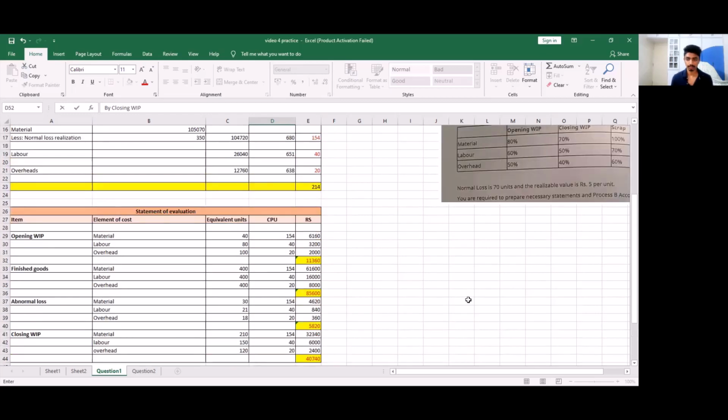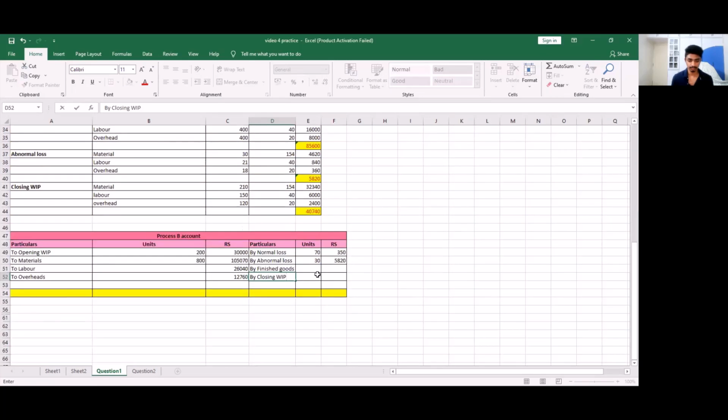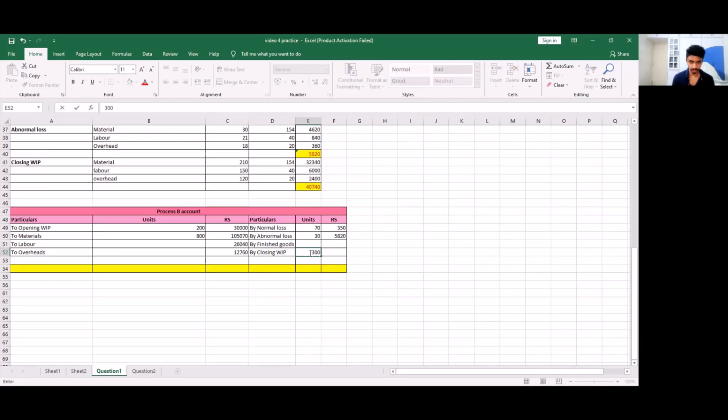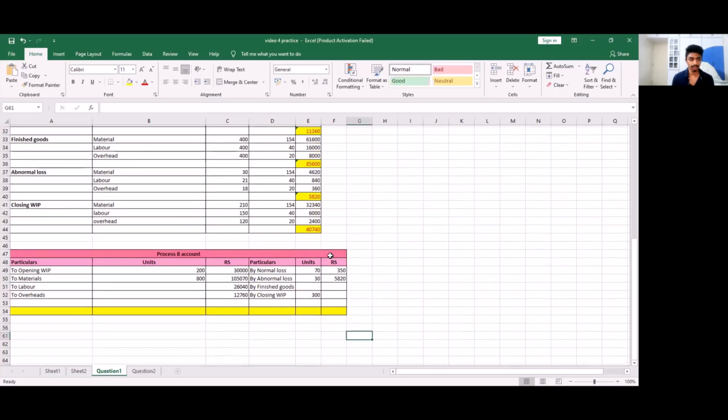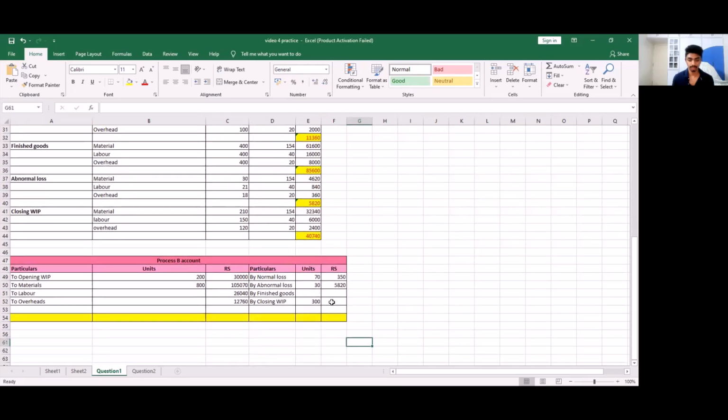So our closing work in progress is 300 units. We have 300 units here, or we can see it in the question. And for the amount, we write what we found out through our statement of evaluation. So closing work in progress, total amount 40,740.